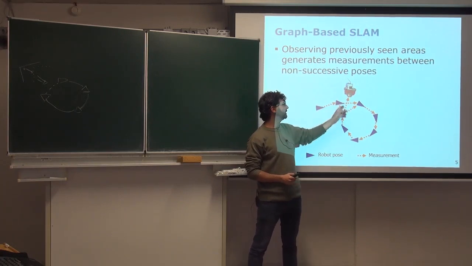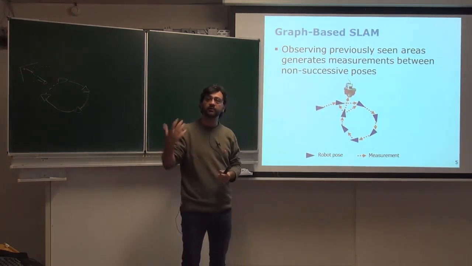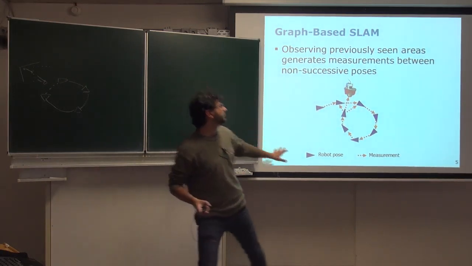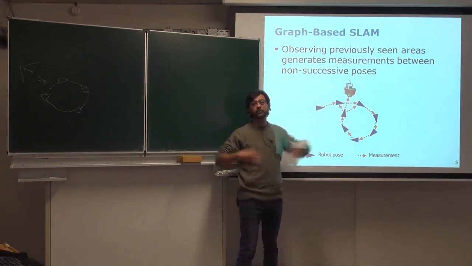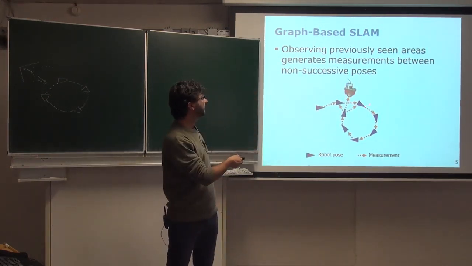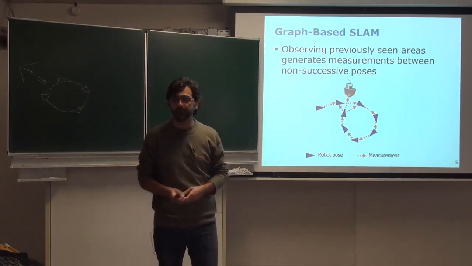And then we connect them by direct measurements from odometry or virtual measurements from our sensors. Okay? Once we have that, we can actually convert this graph into a least squares problem, and then we can solve for the poses of the robot, and we obtain the map of the environment.